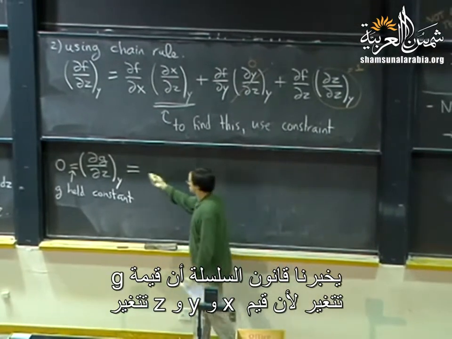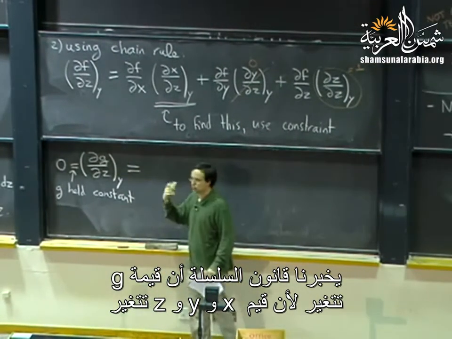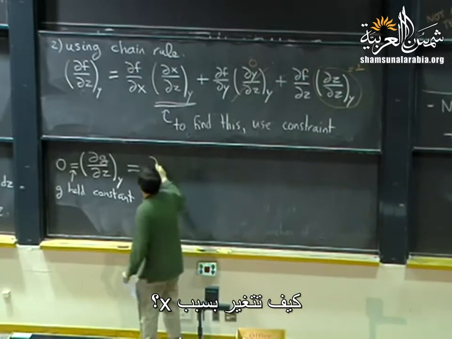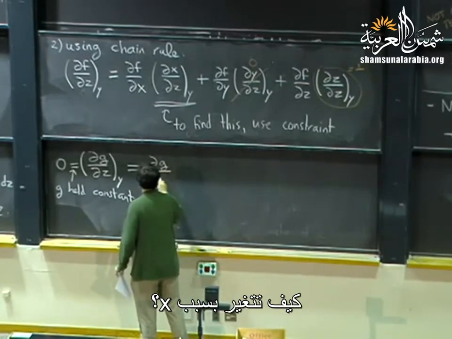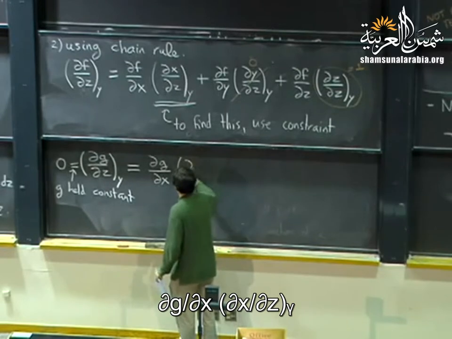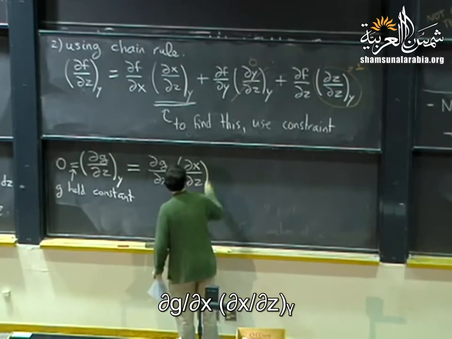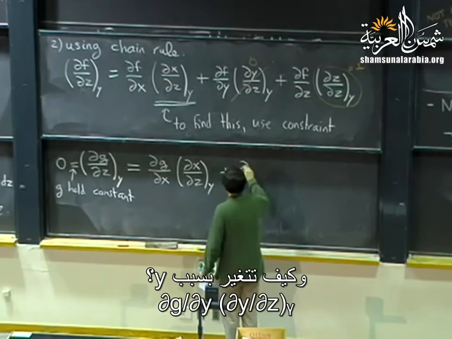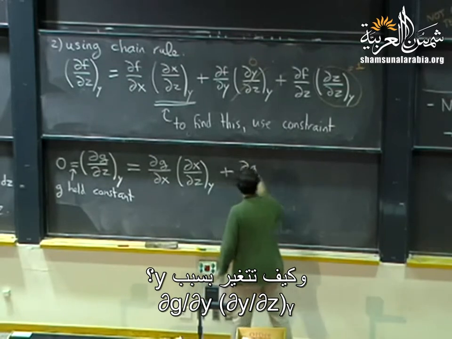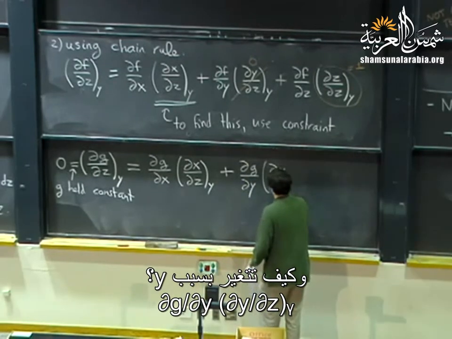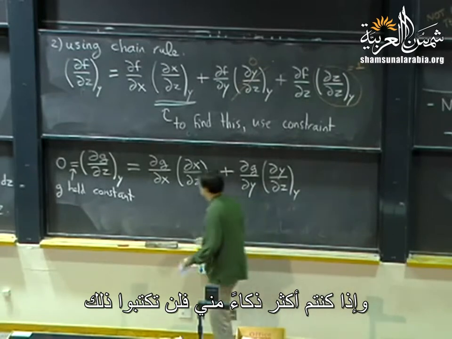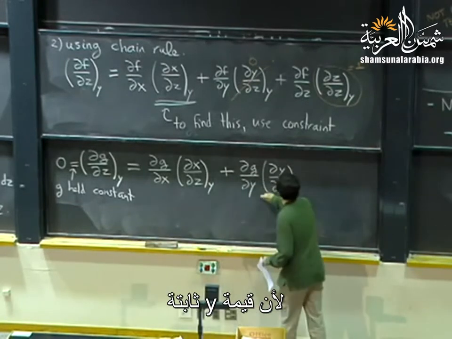Well, the chain rule tells us g changes because x, y, and z change. How does it change because of x? Well, partial g, partial x times the rate of change of x. How does it change because of y? Well, partial g, partial y times the rate of change of y. But of course, if you're smarter than me, then you don't need to actually write this one because y is held constant.